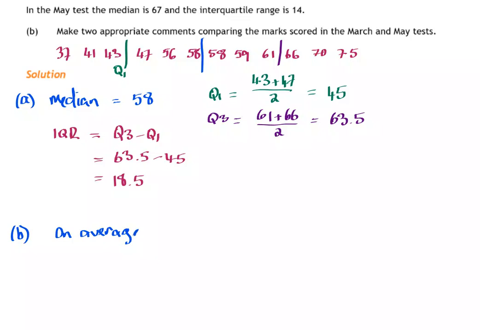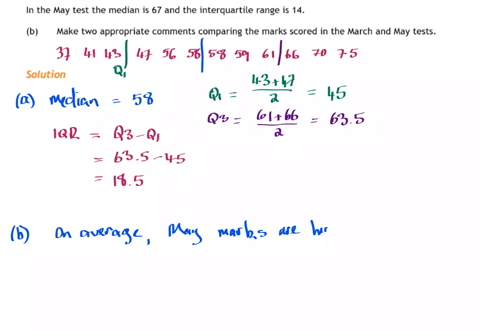and we want to just think what has actually happened. Well, on average, the marks have improved, haven't they? They've gone up. So we would say that the May marks are higher. And remember that we need to talk about the context of the question. So we need to talk about the fact these are test marks. May test marks are higher.